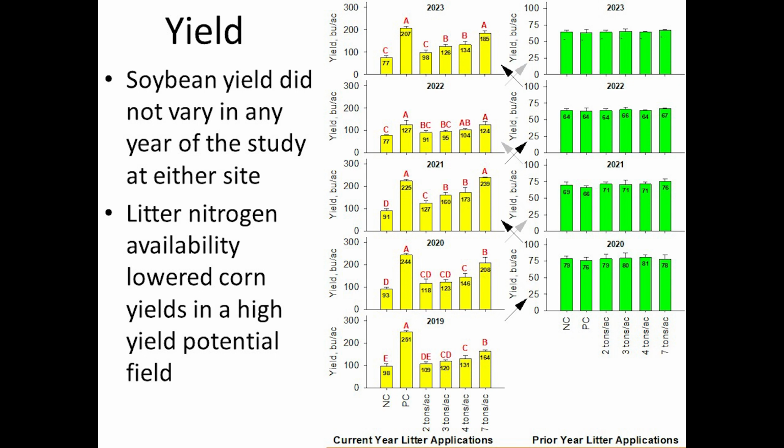The first thing that stands out, of course, is if you're looking at the corn, what's happening to the yield as my litter application rate is increasing. The corn yields are obviously increasing as the litter application rates are increasing, correct? And that's a pretty consistent finding throughout the study.